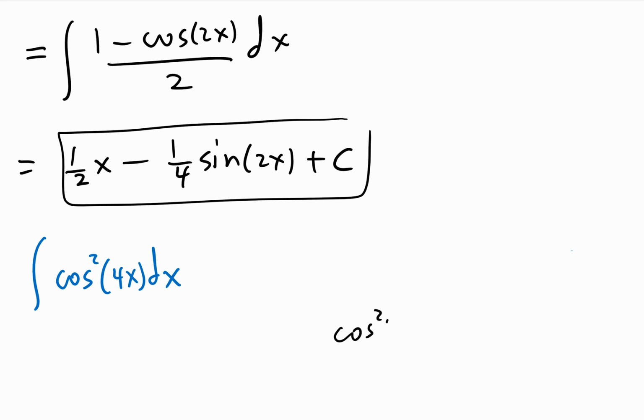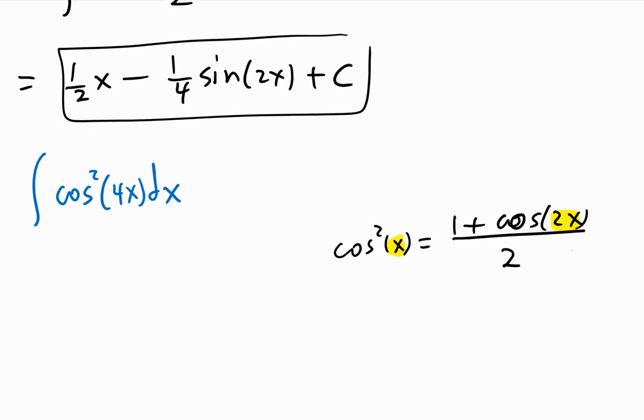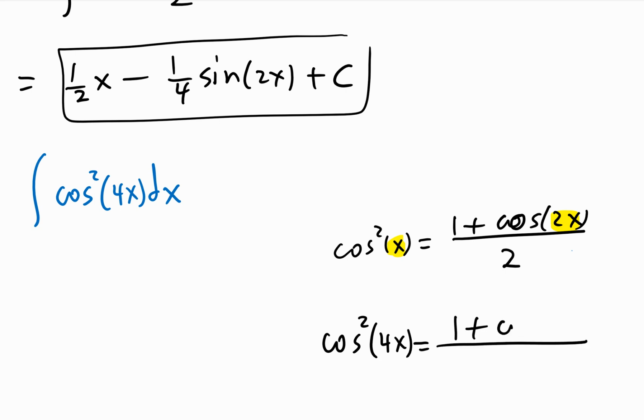We have one of them we proved. It says cosine squared is 1 plus cosine 2x divided by 2. And what I'm going to do here, I need cosine 4x. I only have x. So I highlight all the angles that I have in the formula on the right side, and I need to multiply the x by 4. So that gives me 1 plus cosine 8x divided by 2.